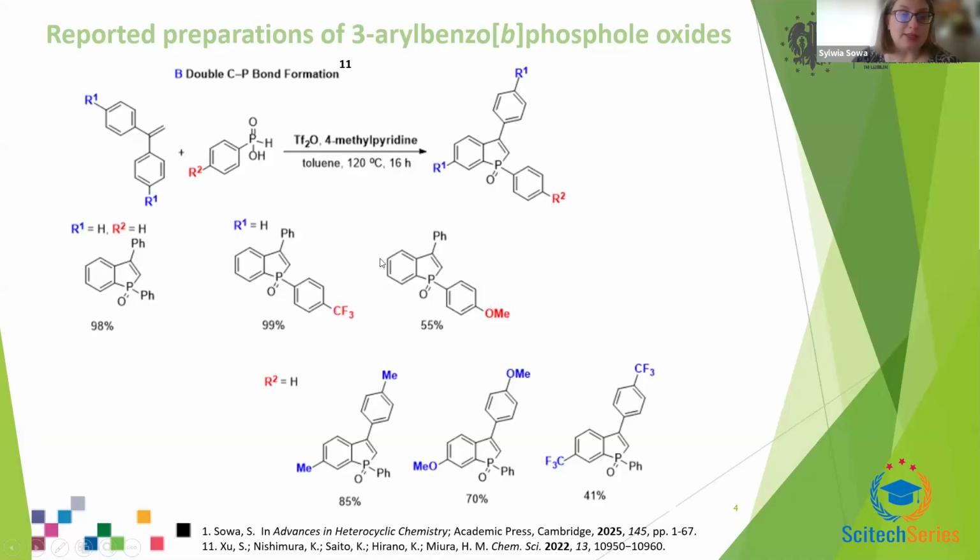However, this method provides convenient access to those compounds. Its limitation is that when we have symmetrical substitution in the parent alkene, we end up with substitution at both para positions in the aryl phenyl, introducing a substituent at the 3 position, and also the same substituent at the 6 position in the benzophosphole oxide.